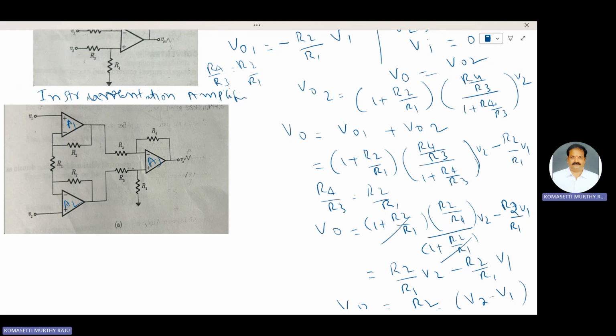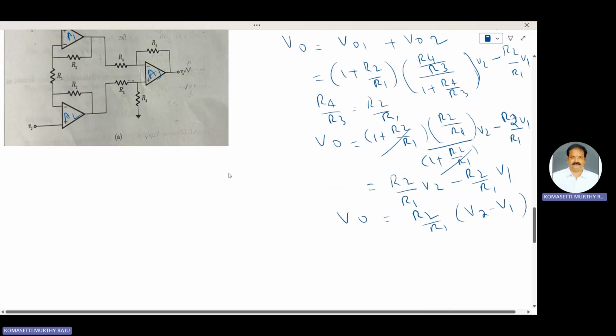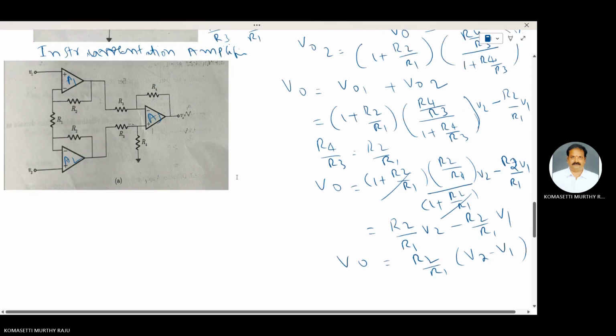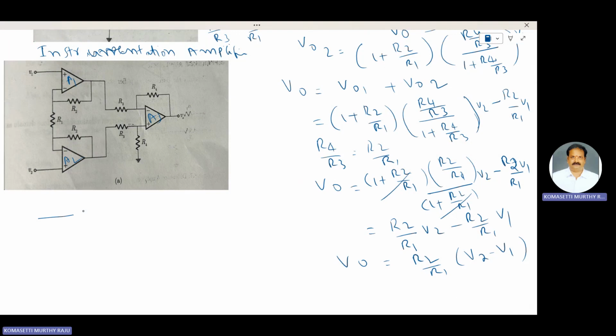A1 and A2 consist of two non-inverting amplifiers, and one difference amplifier, that is A3. A1 and A2 are non-inverting amplifiers. Convert this one into non-inverting mode. A1 and A2 are converted into plus and minus here. Here R1 is changed to R1 by 2.